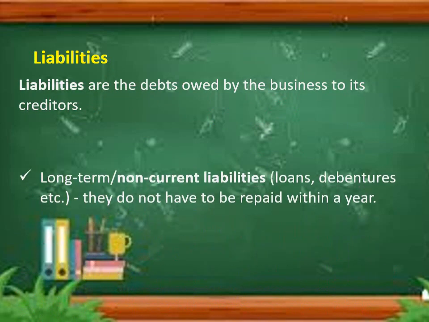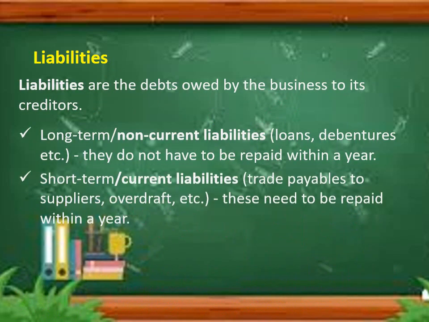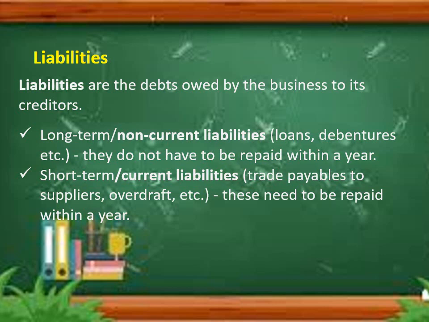The second important component of the statement of financial position is liabilities. As we all are familiar, liabilities are the debts owed by the business to its creditors. Like assets, these could be long-term or short-term, and the long-term type of debts could be loans or debentures that do not have to be repaid within 1 year.